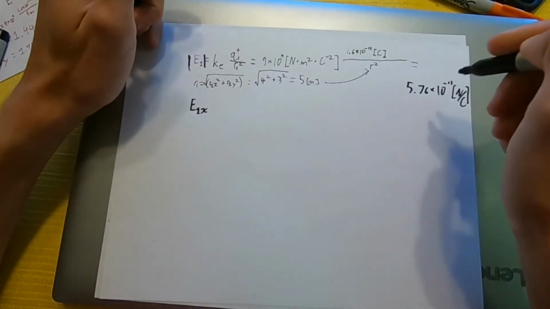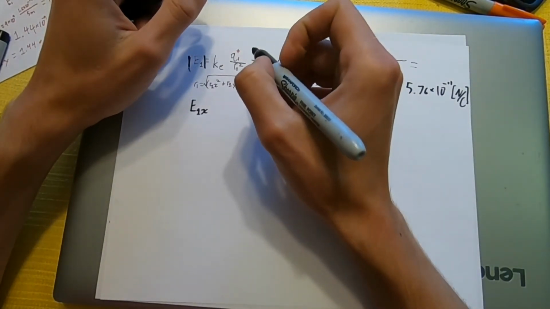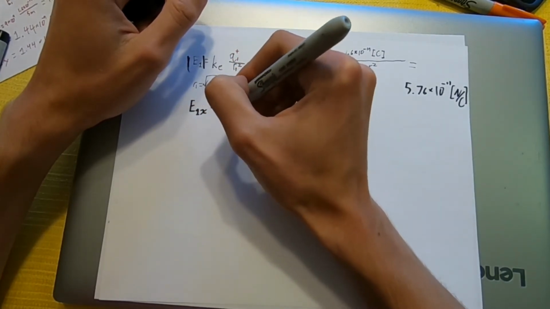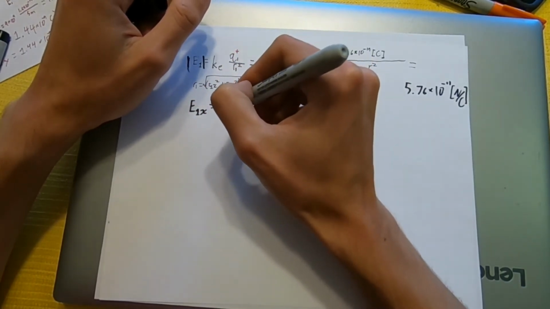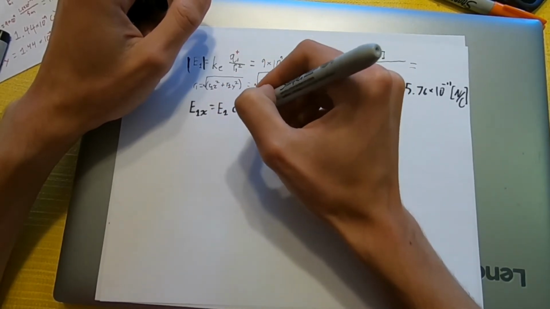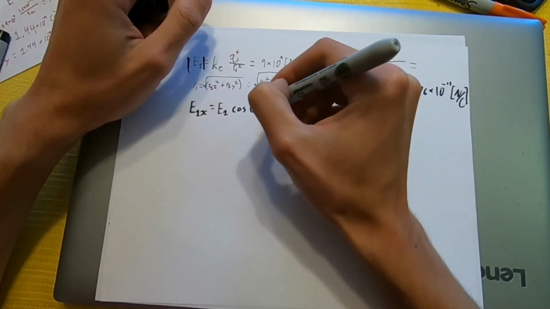So E1x, the x component of this guy, is going to be equal to E1 times the cosine of our angle theta, so theta 1.